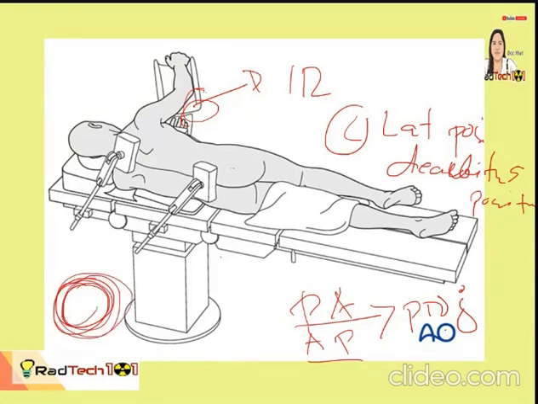So the X-ray is here, the IR is here, the X-ray will enter the posterior portion and will exit the anterior portion. So if I am asking about the projection, this is PA projection, right? Correct? Yes, Doc.